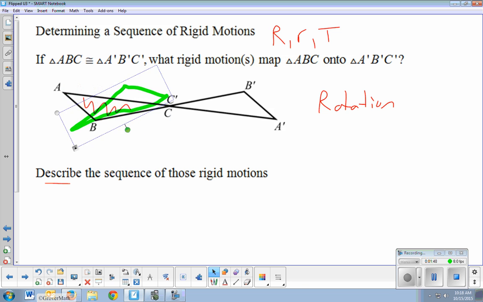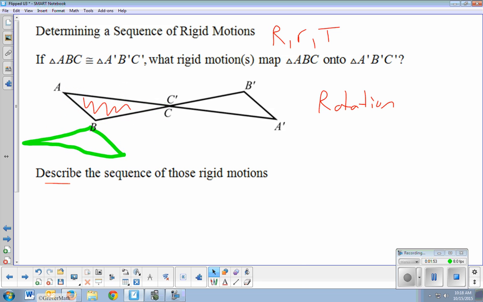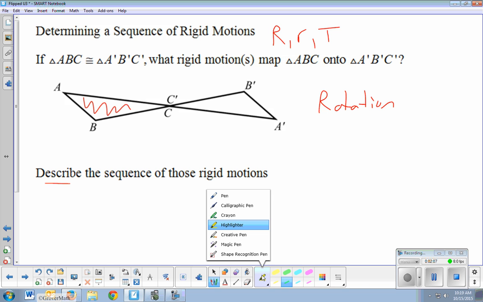If I rotate it around point B, it would look something like this. Is that where I want it to fall? No. If I rotate it around point A, it'll look over here. If I rotate it around point C, that's what we're looking for. So you have to make sure that when you say you're doing a rotation, you say what point you're rotating about. At least that's what we're going to start with.